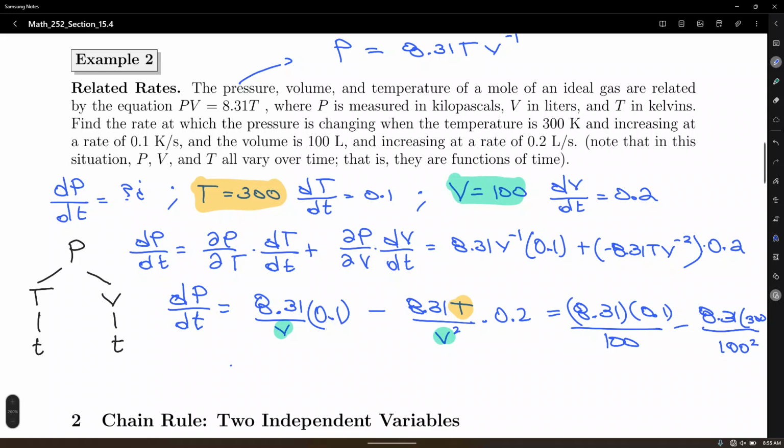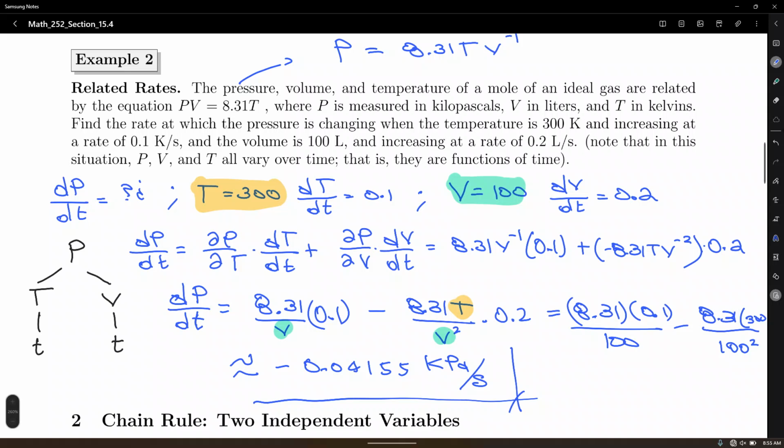That should give us approximately negative 0.04155. That's what I got using my calculator. The units are units of pressure, which are kilopascals in this case, per second.